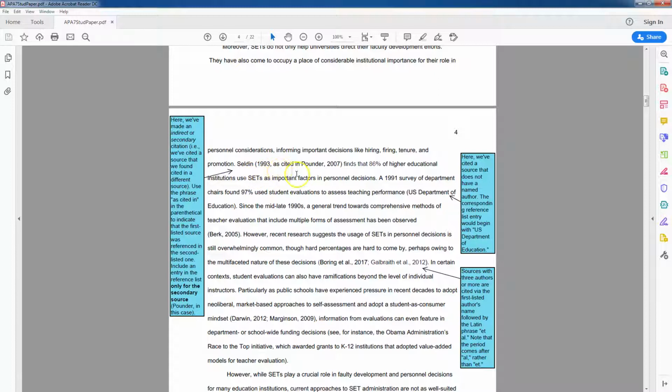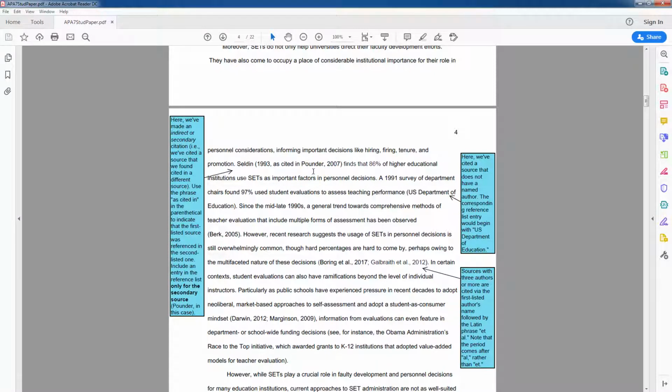All right, so here they have done something a little bit differently. Selden, 1993, is cited in Pounder, 2007. So Pounder referenced Selden. But because they didn't have the Selden article directly, the author of this paper used Pounder.